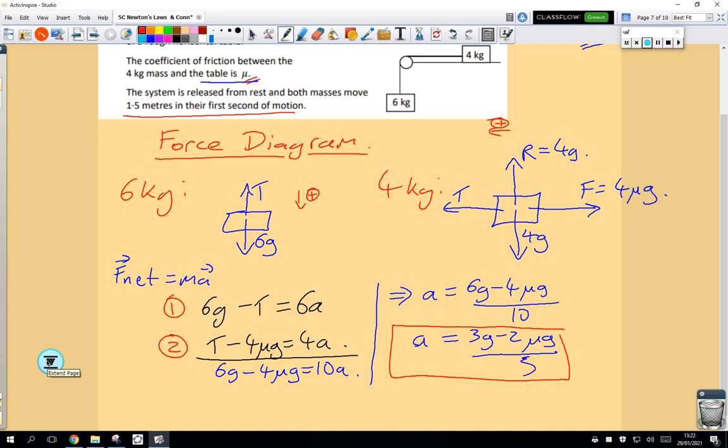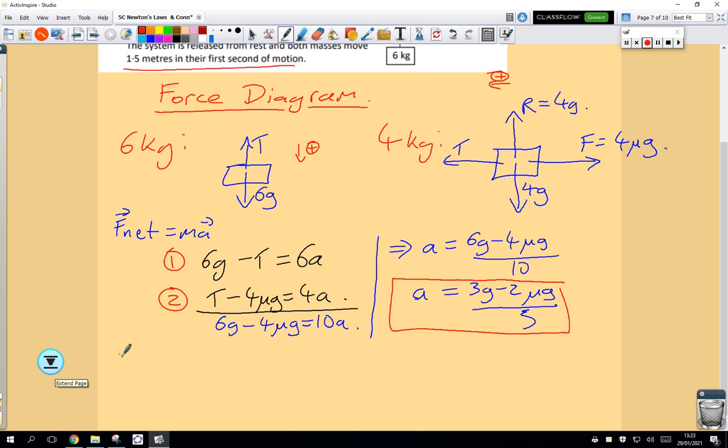We're told the system is released from rest and moves 1.5 meters. So s equals 1.5 meters in the first second. So if we think about this system, what do we know about it? Well, we know the acceleration is constant because the force, the tension force, is constant.